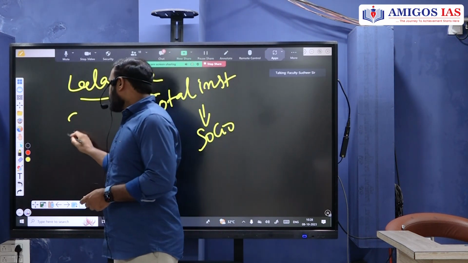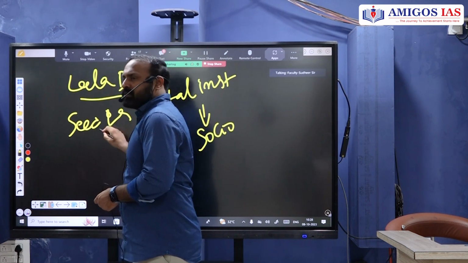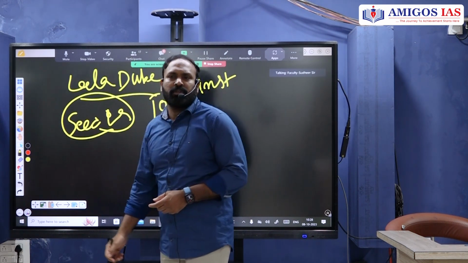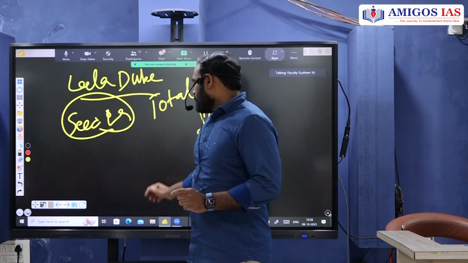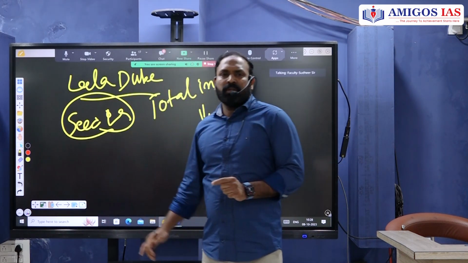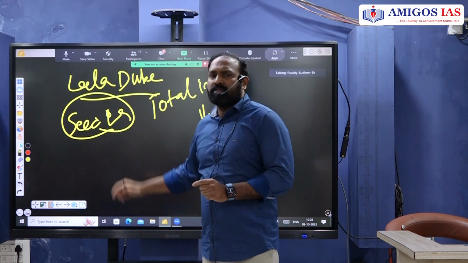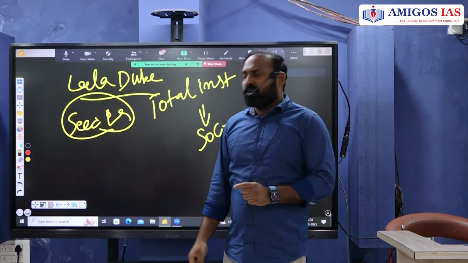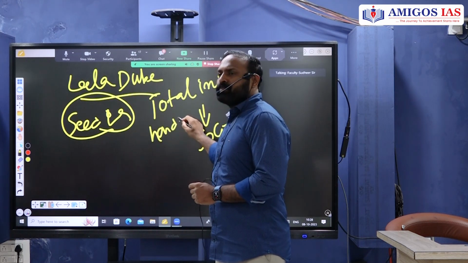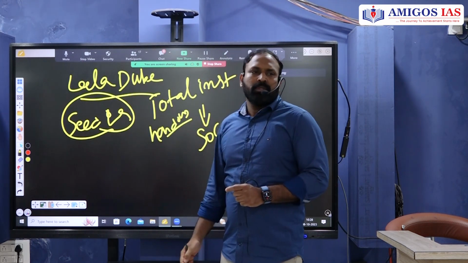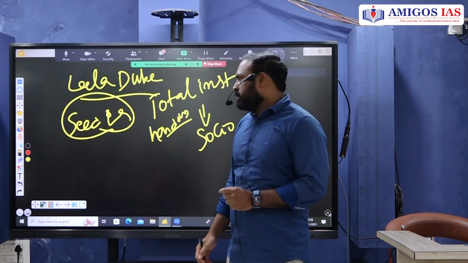But Leela Dubey's Seed and Earth might be asked next year. Therefore, in the test series, apart from focusing on regular topics, I will give these surprising questions, and for these I will give you handouts. That will be taken care of.